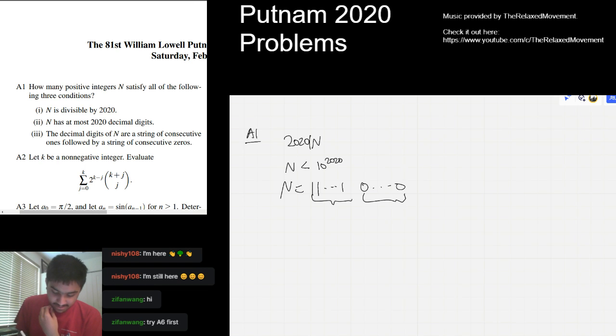So you have A1s and B things, and you have like a plus b is less than or equal to 2020. And I guess the formula for n is like 10 to the b times (10 to the a minus 1) over 9. So you need 2020 to divide this.